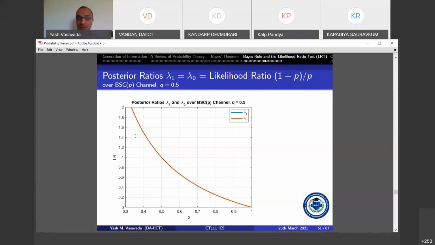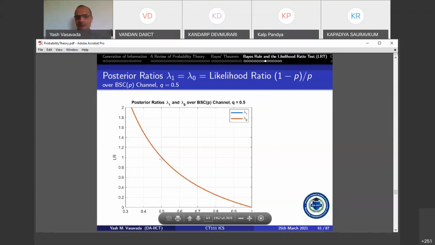So now that red colored line gets erased. 1 minus p becomes 0. And so whenever you get y equal to 0, you know for sure that x was 0. Whenever you get y equal to 1, you know for sure that x was 1. And so therefore, this lambda 1 and lambda 0 became infinity. Your belief about what was the possible value of x compared to the other value, that relative belief became infinity. In this case, the relative belief became 0.